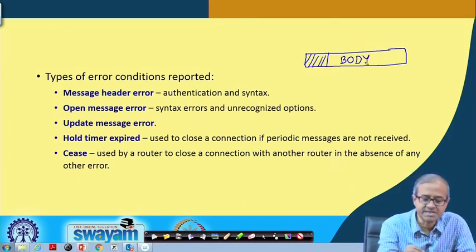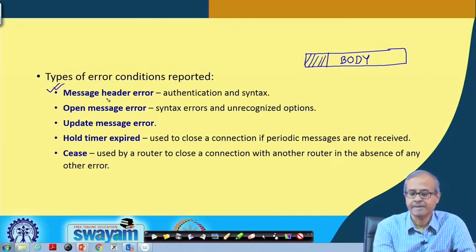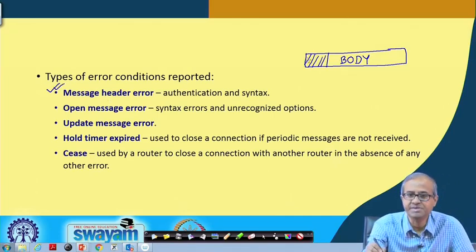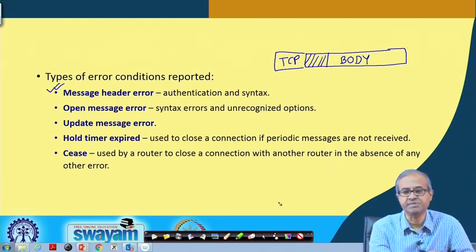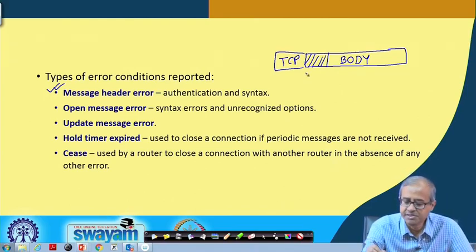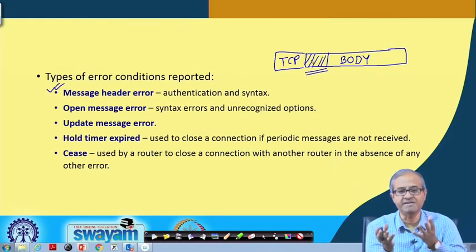Now, the first thing is that there can be some error in the header, like this is the BGP header. On top of the BGP header, TCP will be including its own header to make it a TCP packet. So, it may so happen that there is some erroneous information in the header part, some of the fields which are invalid.